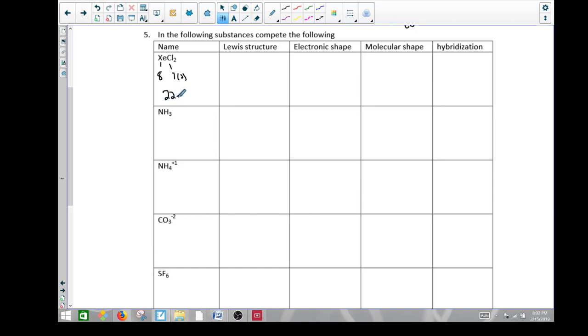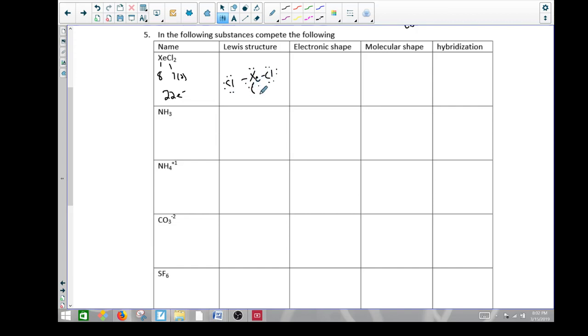Now again, we don't have to have it be even, but if it's odd, it's called a radical, not very common. All right, so we have xenon, and we have chlorine, and we have chlorine. 2, 4, 6, 8, 10, 12, 14, 16, 18, 20, 2 left over, put them on the center.